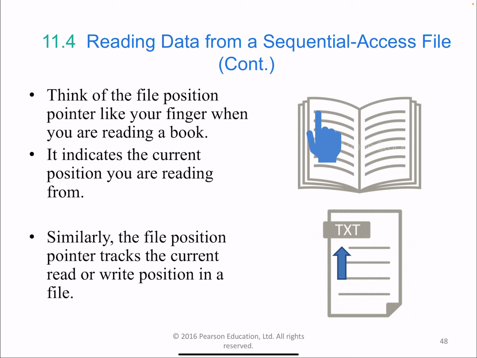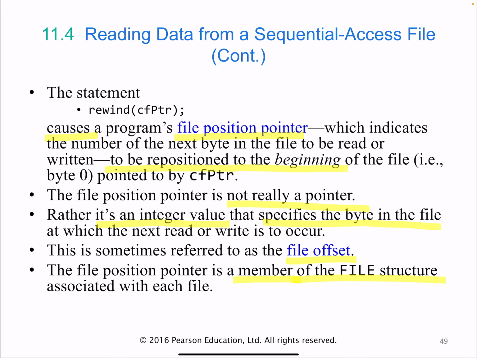You can think of it a little bit like this. This blue arrow that you can see over here represents the file position pointer. Usually when we read through a book just once, we just keep moving forward. But when we're working with files, sometimes we have to move back, move forward, or move to the end. So it's a little more complex than that.